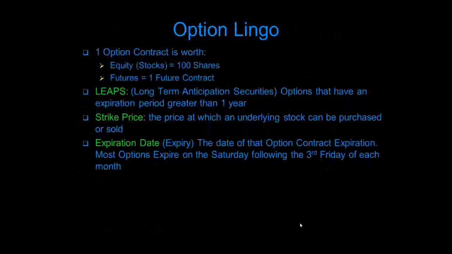And the expiration date, or you may often hear the term expiry, is the date of that option contract's expiration. So most options expire on the Saturday following the third Friday of each month. Now, as we get into more advanced topics, and I'm not going to get into them, there are certain options that break out a little bit differently.